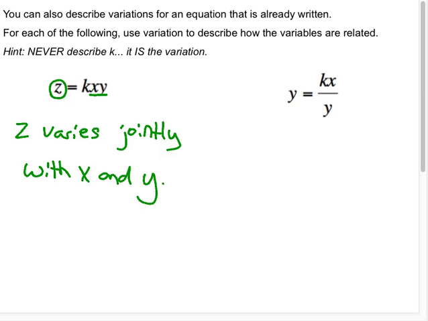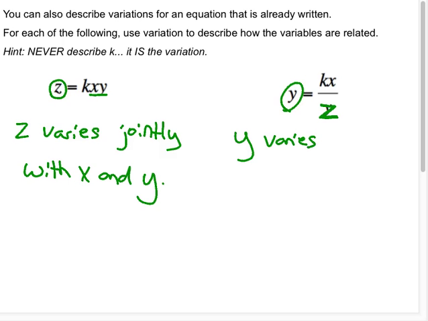Now this one, I apologize, there's actually a typo in. I'm going to put a Z down there. It shouldn't have the same variable twice. So I apologize for that typo. Can you fix that in your notes really quickly so we can begin our next example? So here this time, Y varies.